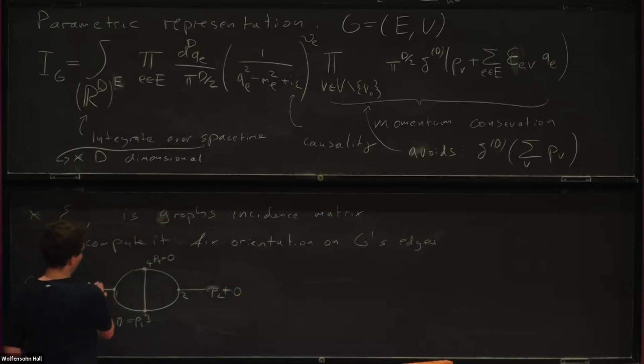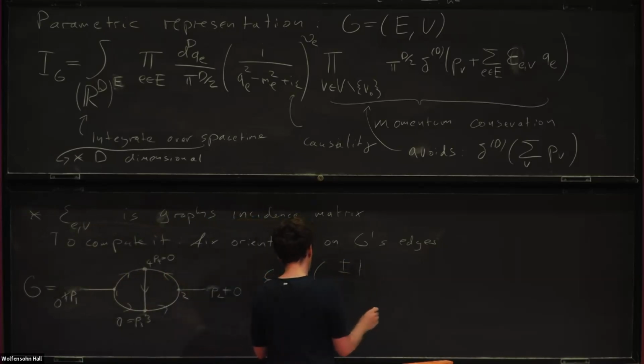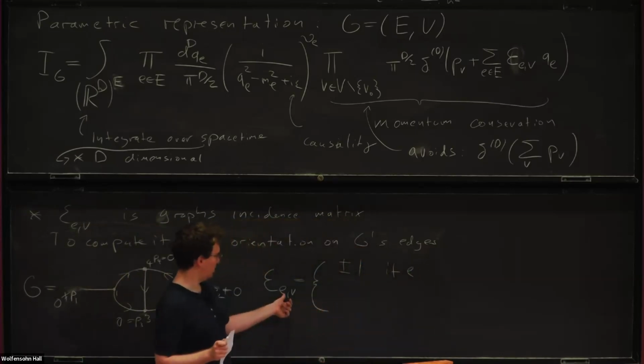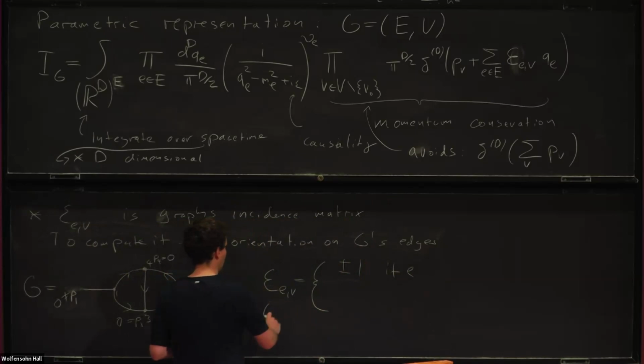Now we fix an orientation, and we only fix an orientation on the internal edges, and it's completely arbitrary. And after we've done this, we can write down this incidence matrix. It's just the matrix that we get if we write down plus or minus 1, where E indexes the edges of the graph and V the vertices of the graph. So this is an E times V matrix.